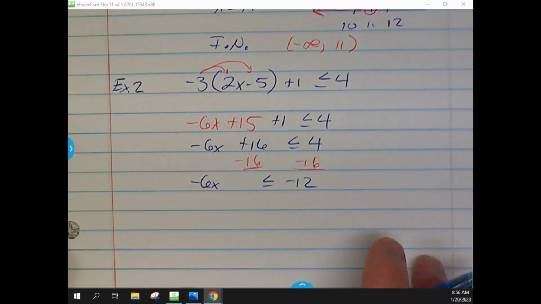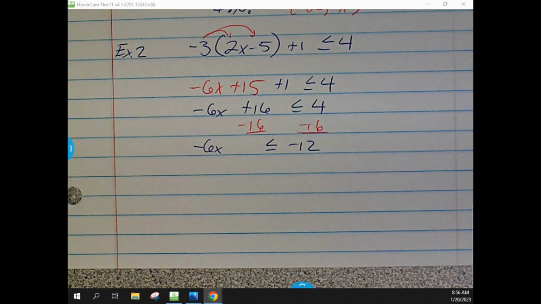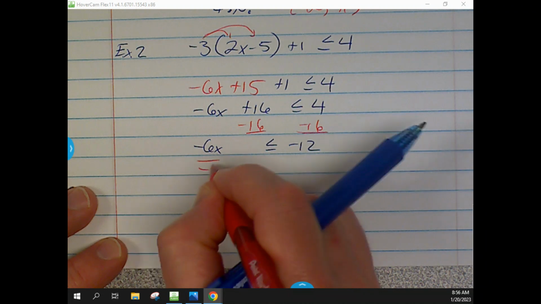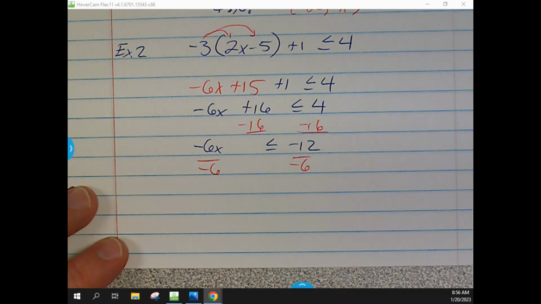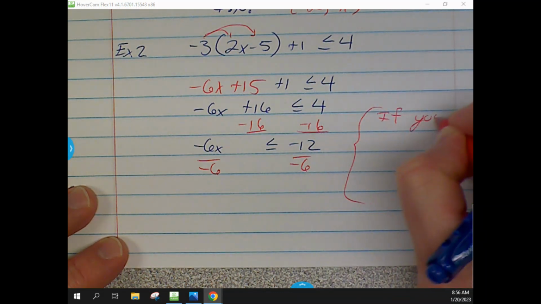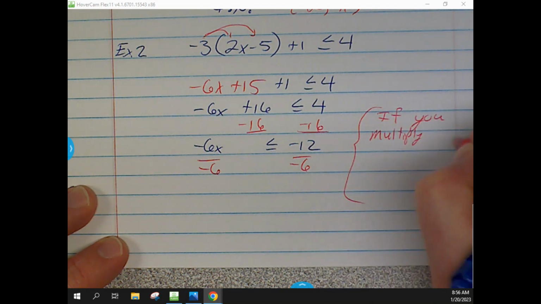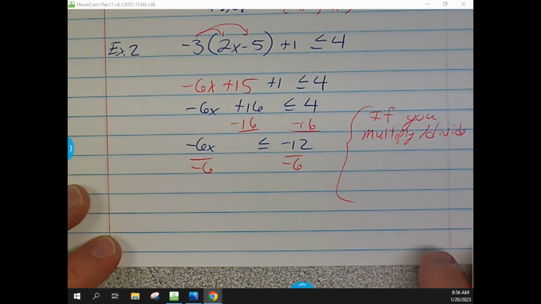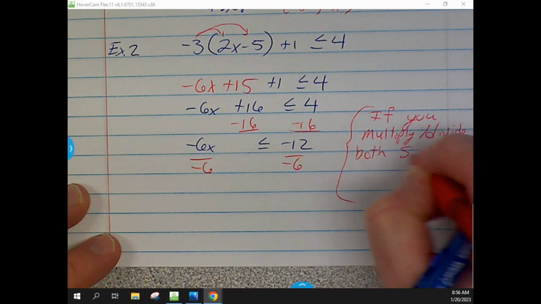Okay. And here's the one thing you've got to remember with inequalities. If you get to the end of this and your last step is to divide everything through by negative 6, when you divide by a negative number or multiply by a negative number, now here's the key thing: it's got to be both sides.